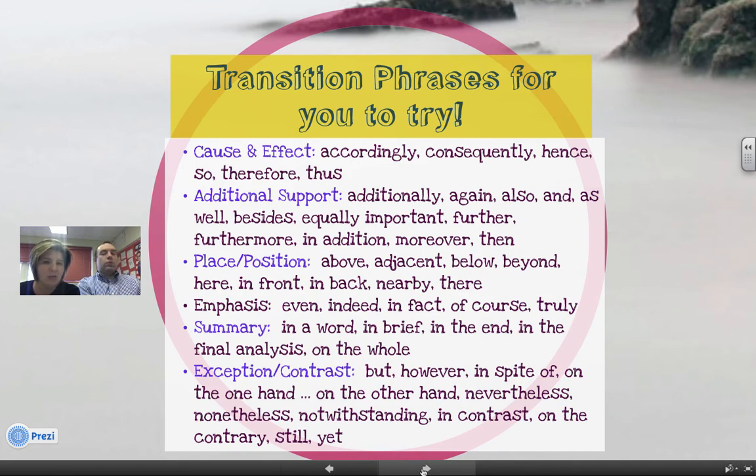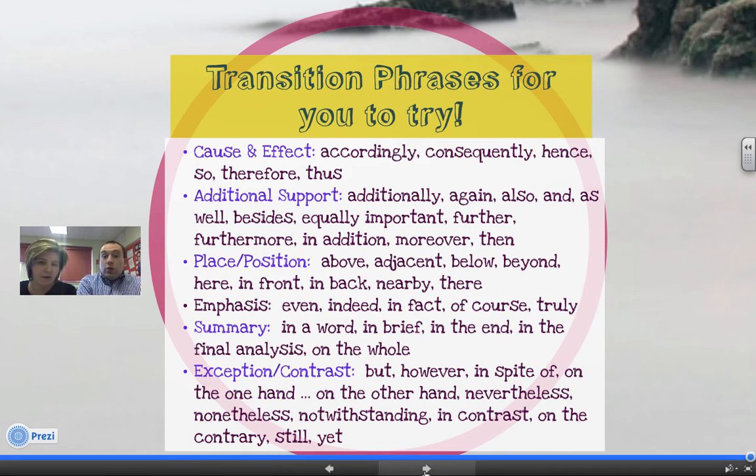What we'd like you to do is not only include transitions throughout your paragraphs and your introduction, but start to become more crafty and more creative with the transitions you use. So here's a couple. If you're going to do cause and effect: consequently, so, therefore. Additional support: additionally, in addition to, equally important. Depending on what the purpose of the writing is, you could pick one from these different categories. It's a little bit better than firstly, secondly, etc.